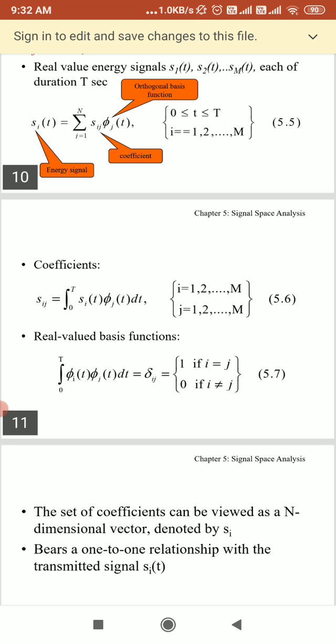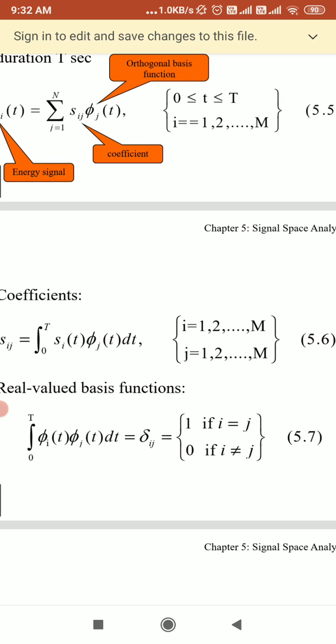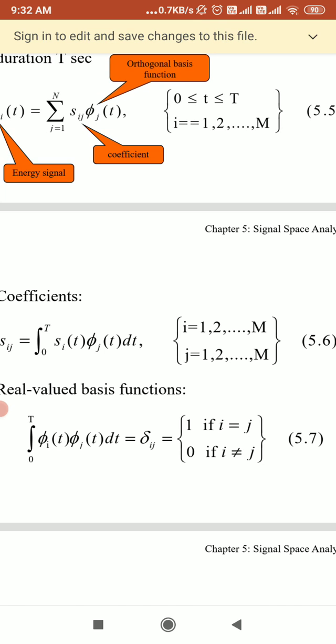So you will get Si of t as a summation i equal to 1 to n of Sij phi j of t.